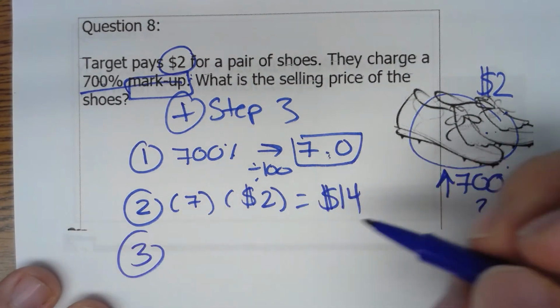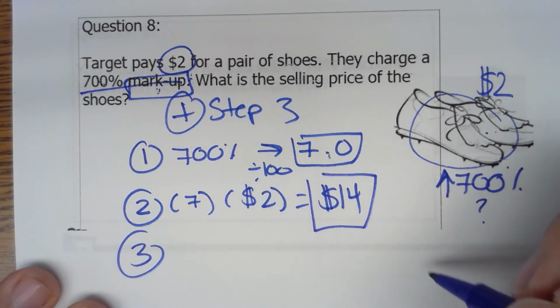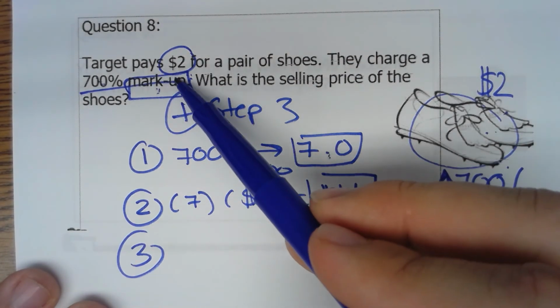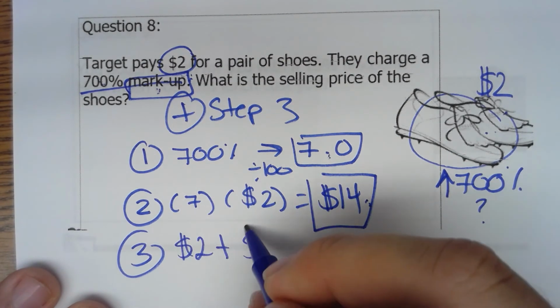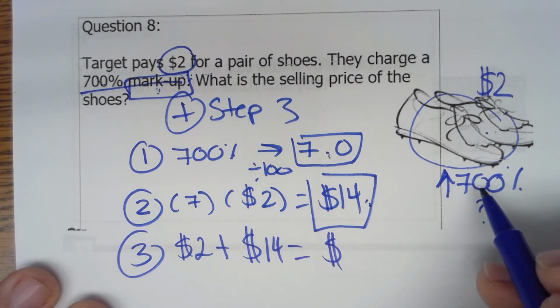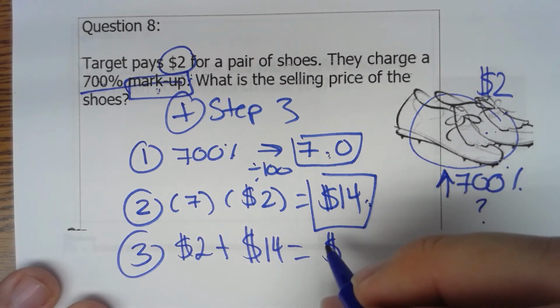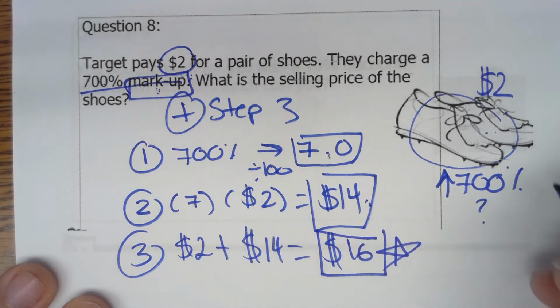Step 3, I'm doing markup, so I add this to the original price of $2. So $2 plus $14, and after they increase the price by 700%, I'm going to pay $16 for the shoes. That's the answer, $16.